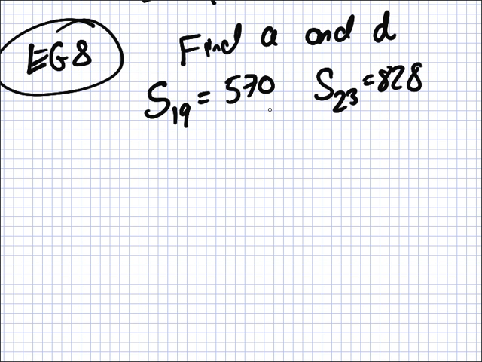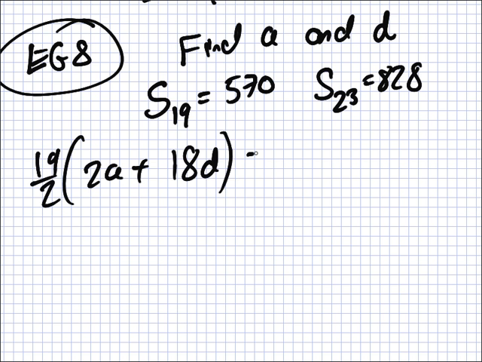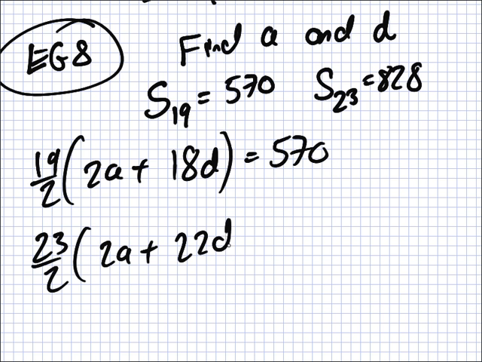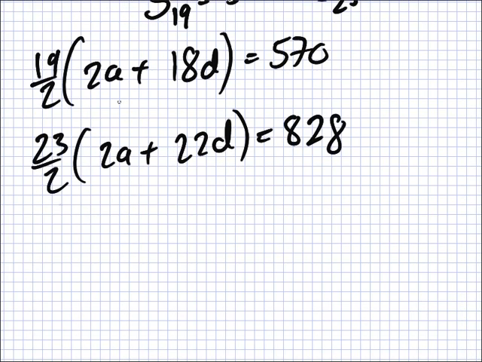Yeah, yeah. So here you have n over 2, 2a plus n minus 1d equals 570. And n over 2, 2a plus n minus 1d equals 828. Now, I'll divide by 2 here. So I'll have a plus 9d. And I'll divide by 19. How many times does 19 go into 570, please?